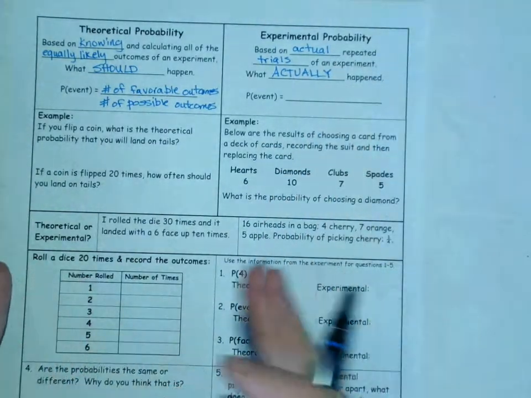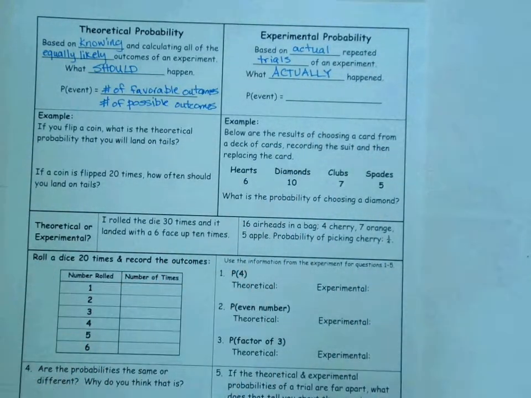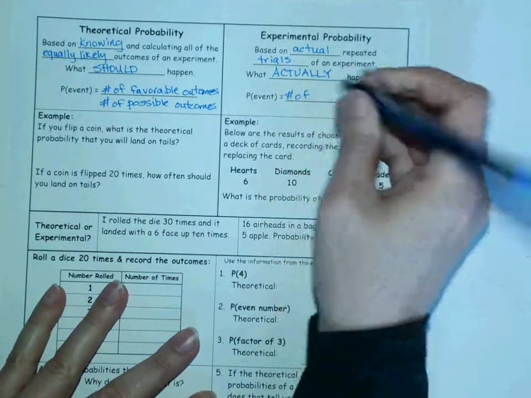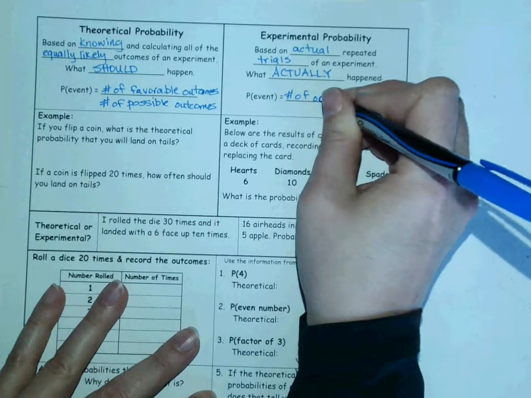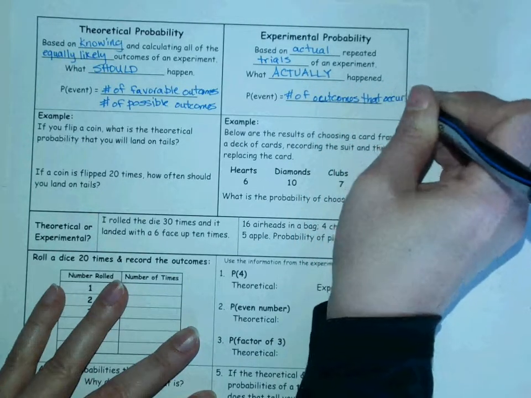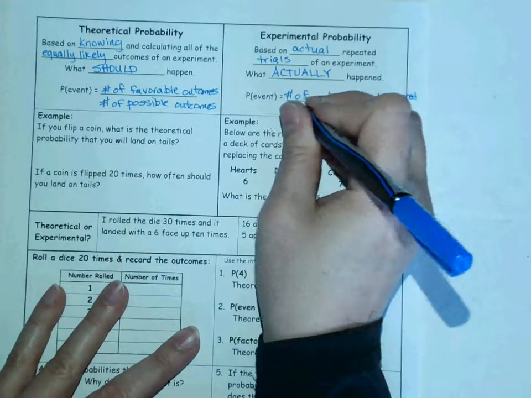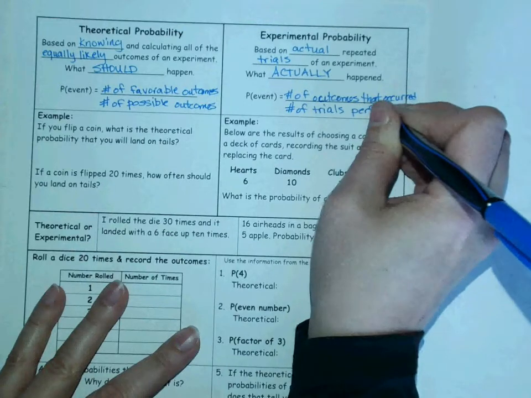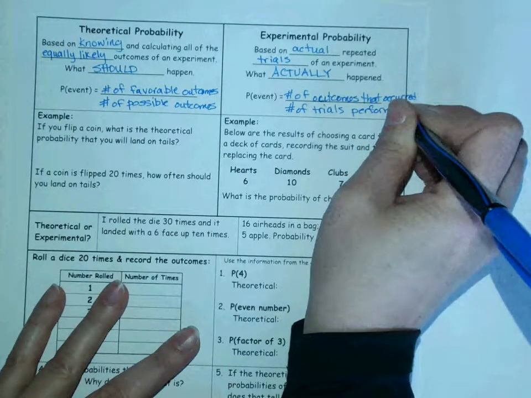So in experimental, that's when you actually conduct your experiment, collect the data, and then the probability of whatever event you're looking for is the number of outcomes that occurred over the number of trials performed.